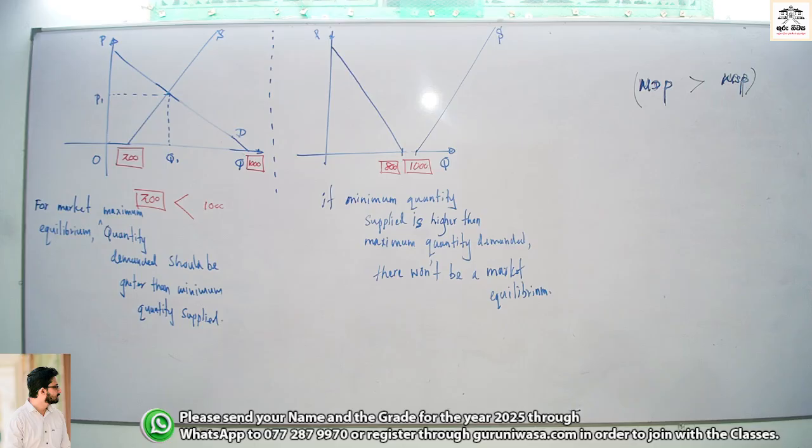Then elasticity, the entire lesson, and taxes, subsidy, government intervention will be taught. So your paper is going to be much more complicated, and when the exam gets complicated, you have to work harder.